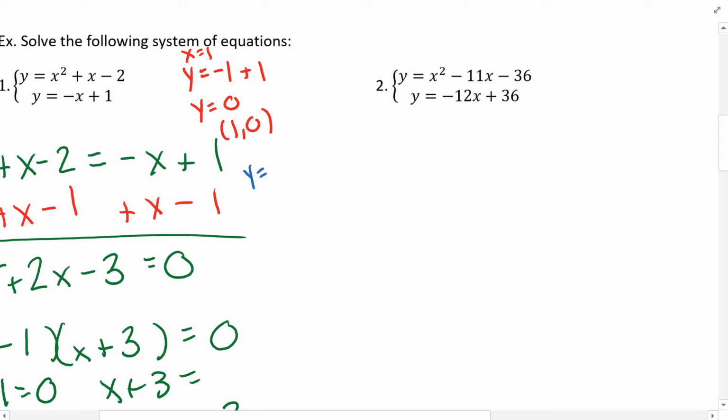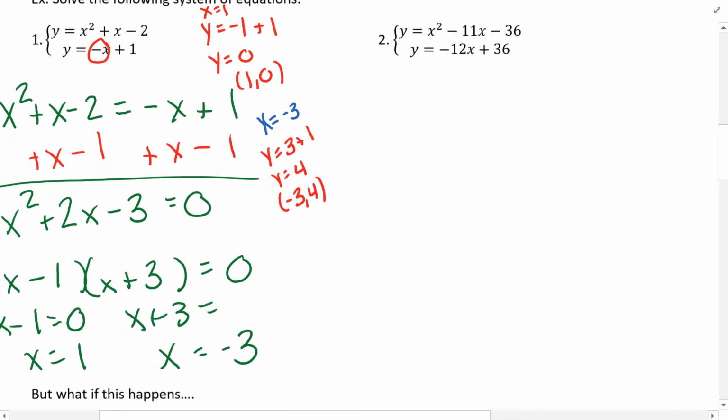If x equals negative 3, y equals, again, I'm plugging in for the negative x, negative negative 3 would be 3 plus 1. Well, y equals 4. So my coordinate is negative 3, 4. And again, that's what we saw graphically on that grid.